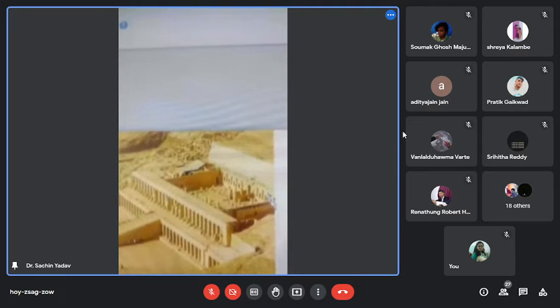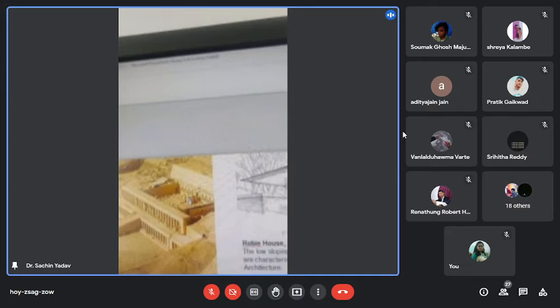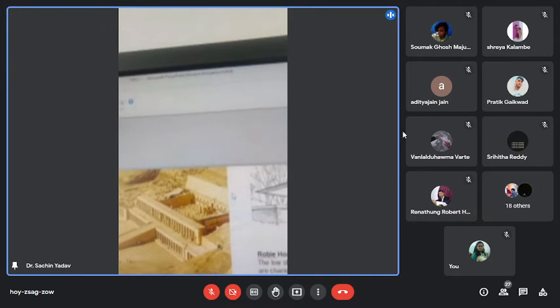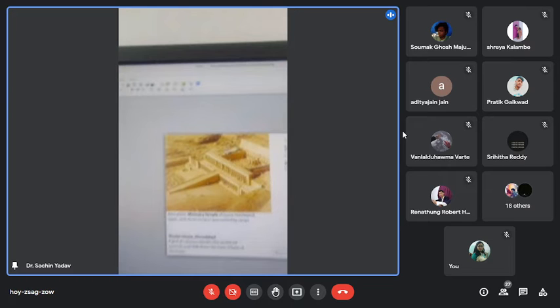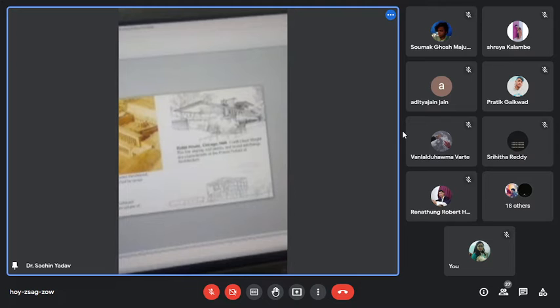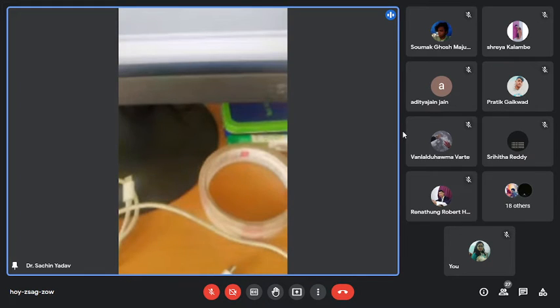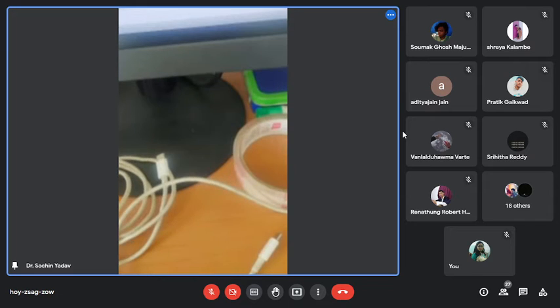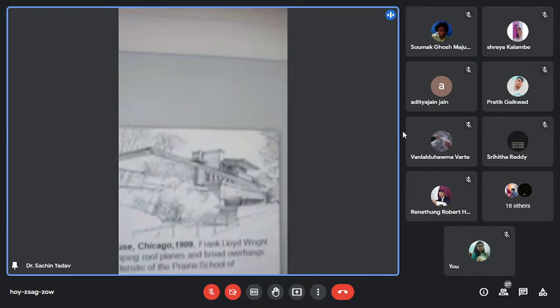Right? And after that you again get another ramp to reach the top level. So there are different base planes which are connected with the help of ramps. So this is the example in the FLW house.